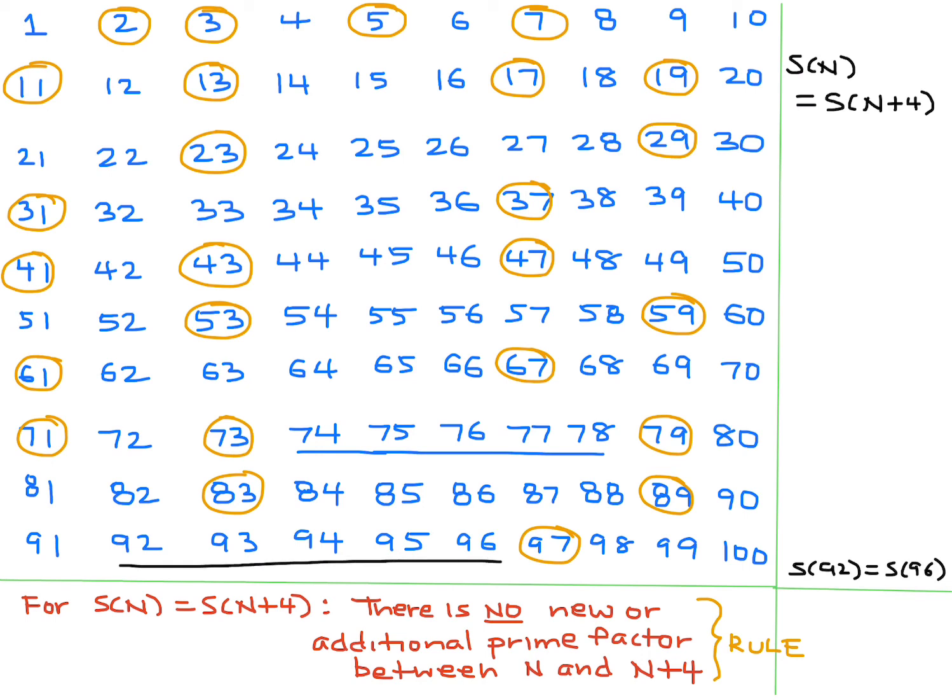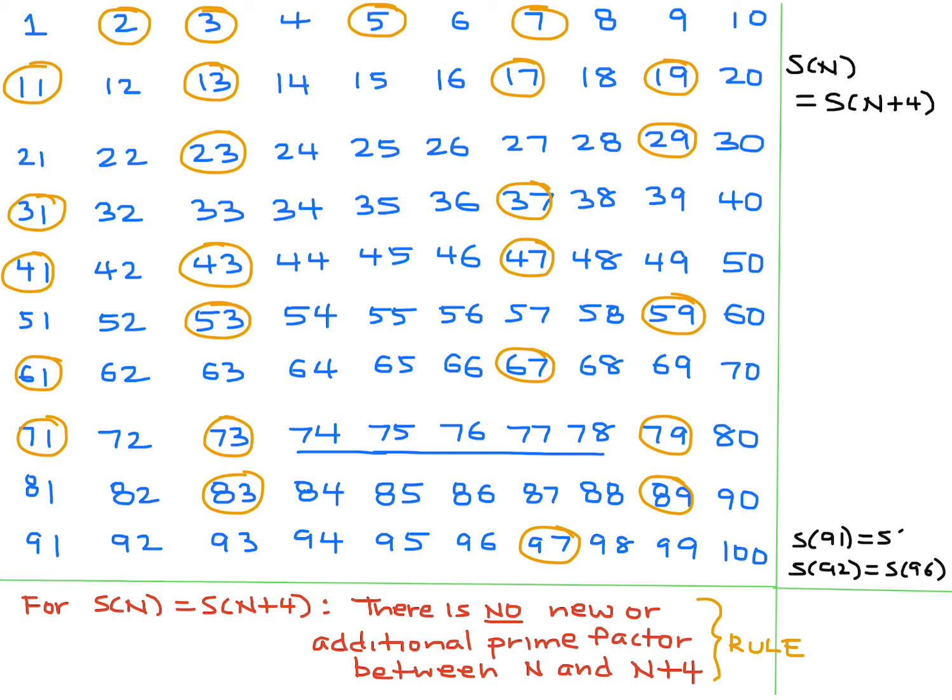Right? Because between 92 and 96, there's no prime in that 4 digit range. So it's a candidate. Now, I'm not guaranteeing that that's going to work, but it's possible. And similarly, s at 91 could be equal to s at 95.